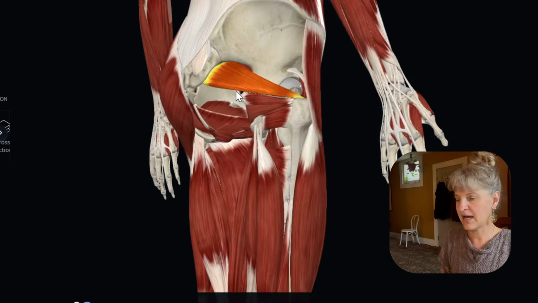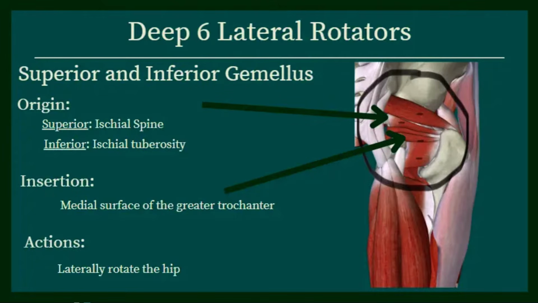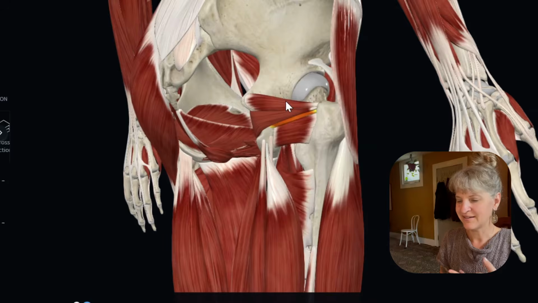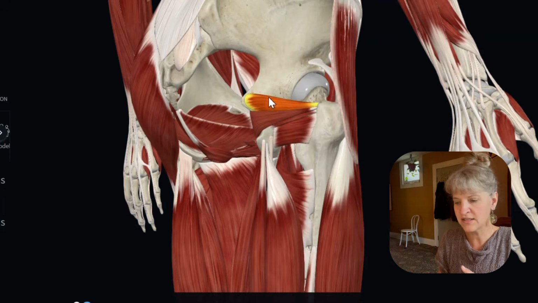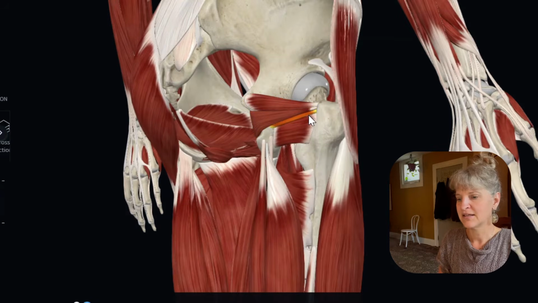And I'm going to collect these other 2 sets of muscles into the Gemellis, however you want to say it. Gemel to me means Gemini, it's twins. And then there's 2 obturator muscles. So the first set, superior and inferior Gemellis.